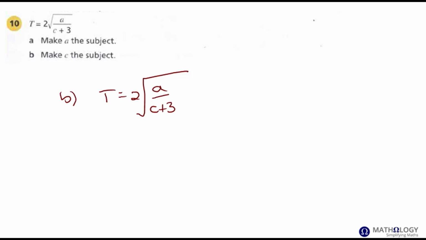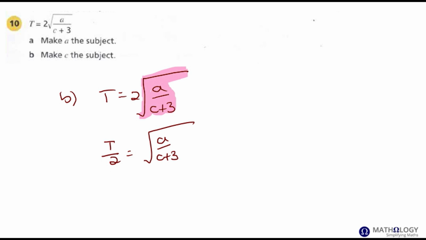Okay, we now want to make c the subject. Again, c is part of the fraction that's in the denominator, and it's also bound by that square root bracket. So the first thing we're going to do again is divide both sides by 2, so that we can isolate that surd, that square root bracket.